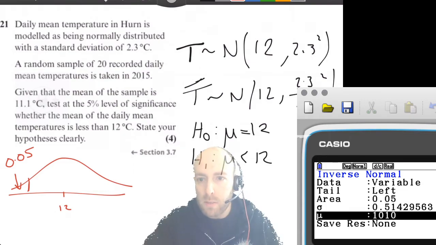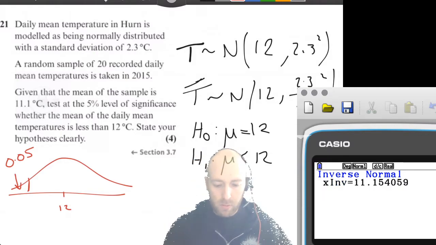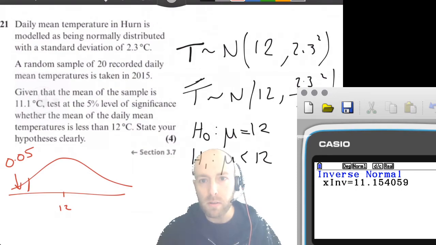And mu is 12. So hit 12, execute, and we get 11.15 is our critical value.